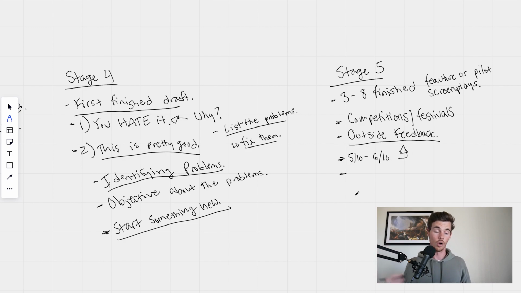And this is where I usually work with people one-on-one. I really believe in one-on-one feedback, because I am actually able to walk you through specifically what's not working in the story, versus you just watching a video, or reading some feedback that a particular competition or the Blacklist sent to you.